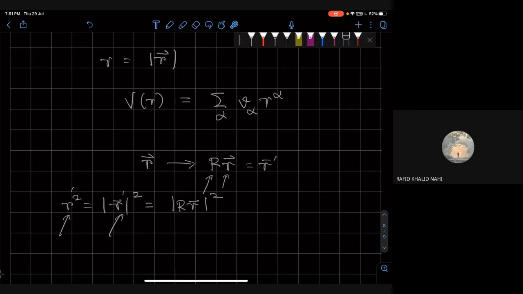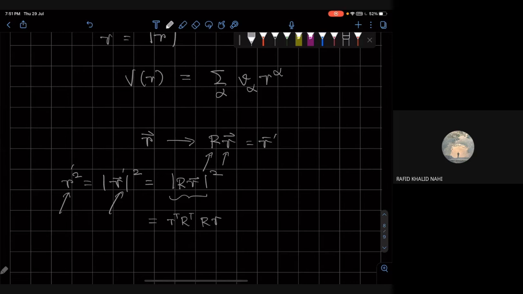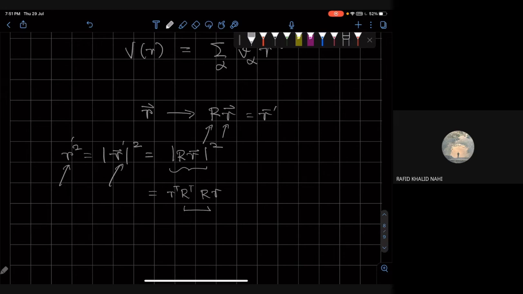Now, what is this? This is nothing but r transpose R transpose R r, in matrix language. But because this is a rotation, R transpose R is equal to 1, because we know that rotation matrices are orthogonal matrices.